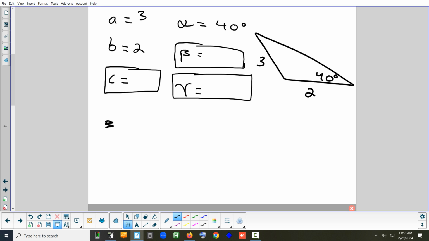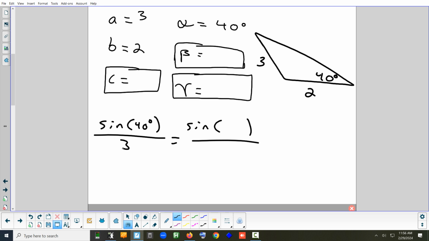So actually, you tell me what I'm going to fill in. Sine of what over what? Equals sine of what over what? Yep. You're going to have sine 40, and then you're going to have the sine beta over 2. Okay, big difference this time. The variable that you're solving for is in the trig function.